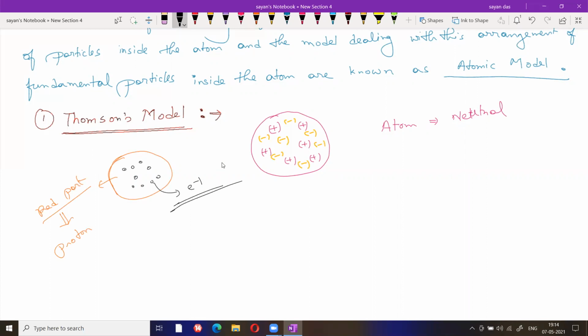That's why Thomson's model is also known as the watermelon model or plum pudding model. Any doubt regarding this part?